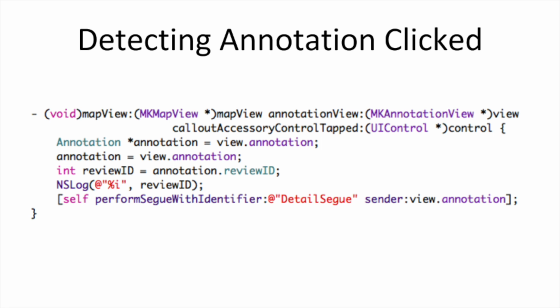Now, look at the last line. I'm calling performSegueWithIdentifier. Yeah, remember I write that method myself, don't I? The sender, I can send whatever I want. I could send that review ID if I wanted to, and that would then appear as one of the properties in prepareForSegue. That makes sense.